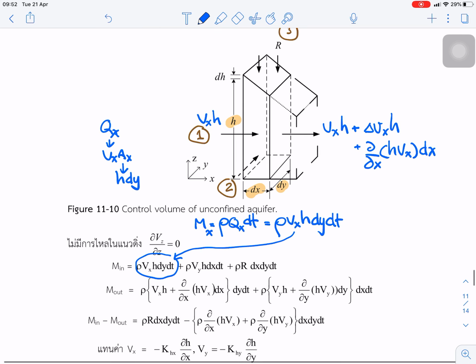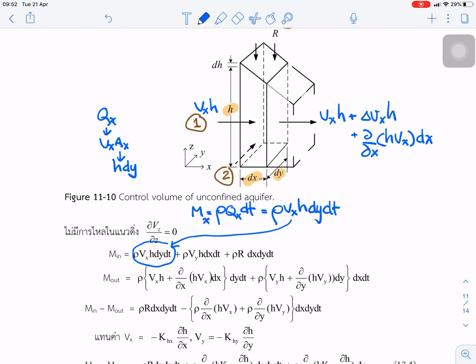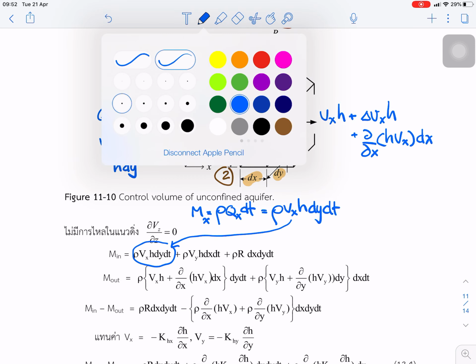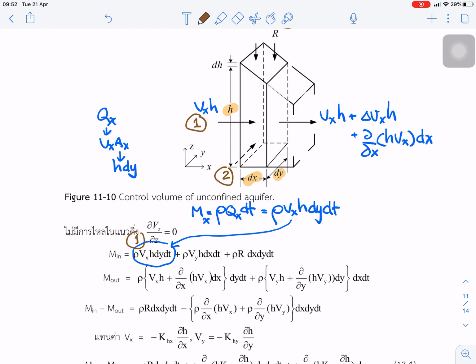Rho Vx h dy dt is for the first direction, then for the second direction from front to behind, and from the top is the infiltration.